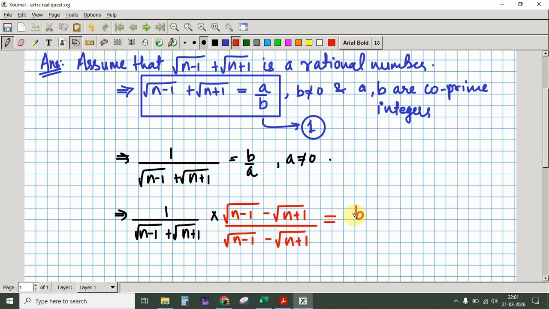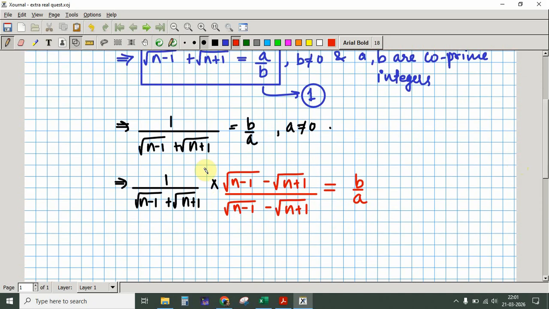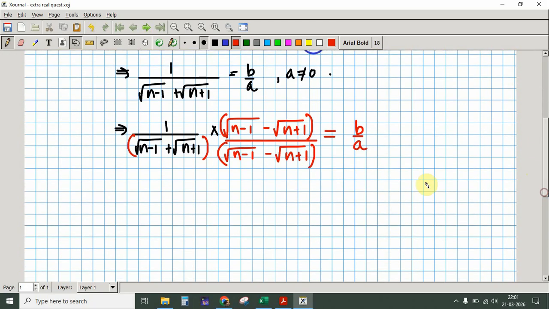And this thing remains as it is. Let's put these things in brackets because they have two terms. Now this will multiply with the numerator, so we have the square root of n minus 1 minus the square root of n plus 1, whole thing divided by the denominator, which uses a very famous formula, a plus b times a minus b, so it will be square root of n minus 1 whole square minus square root of n plus 1 whole square.